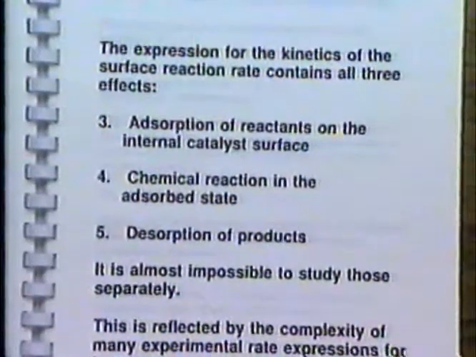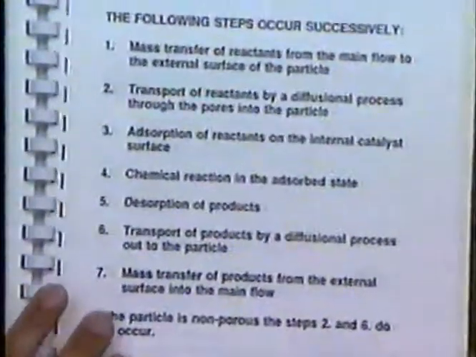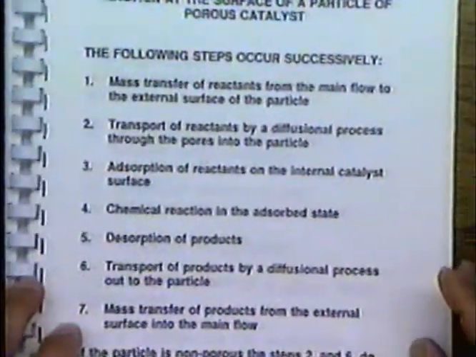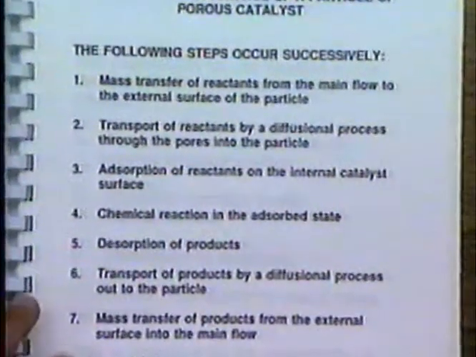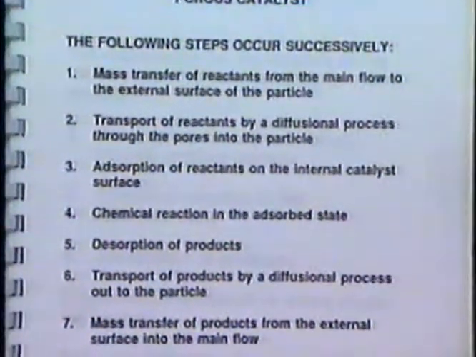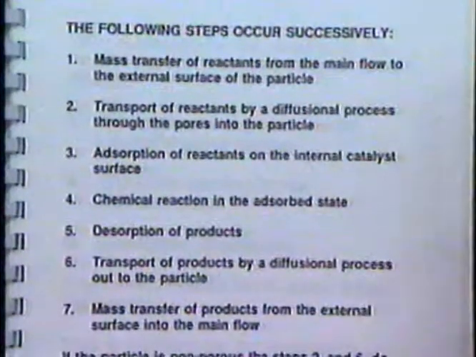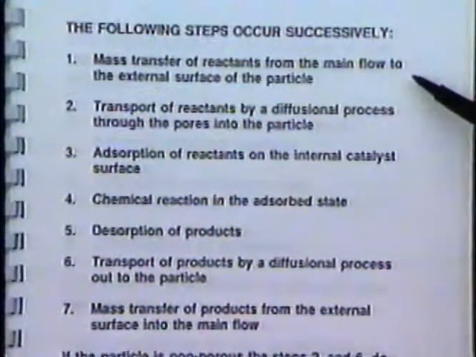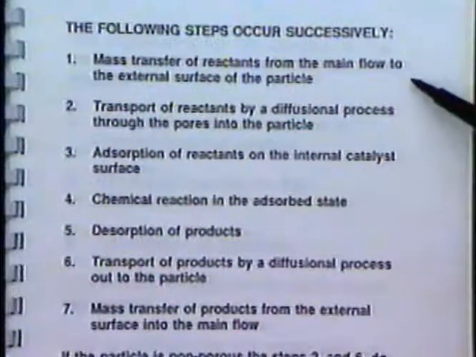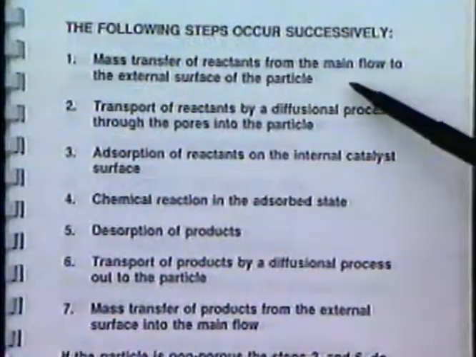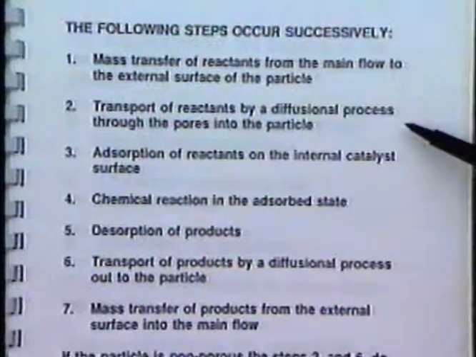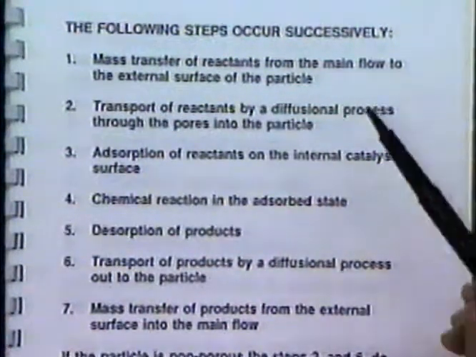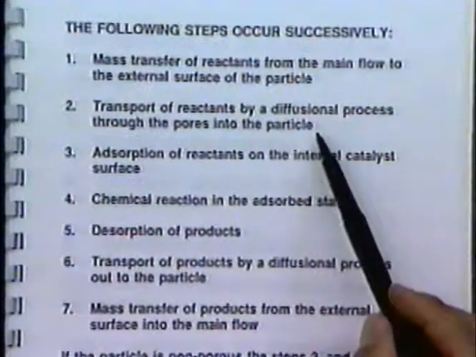Okay, if we go back to our series of steps that the reactant has to follow in order to be converted into products, we may remember that we had the mass transfer from the main flow into the surface of the particle, transport through the pores, and now we have the particle.